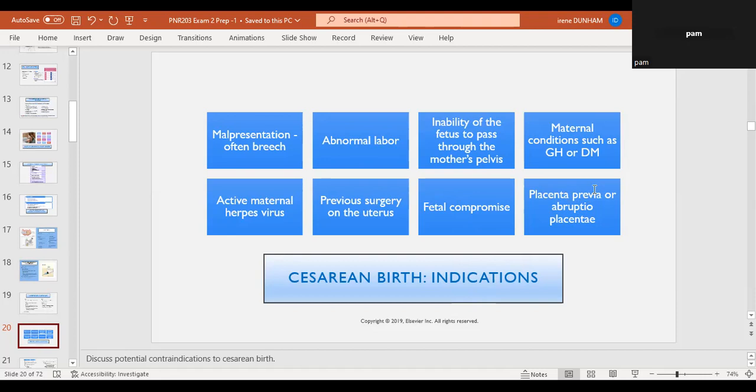Again, why? Placenta previa, she'll bleed to death. You can't labor her, okay? Because the placenta is covering the internal os. All right, and then you've got abruptio placentae. That's an obstetrical emergency, and that's because the placenta is coming off the what? Endometrium.